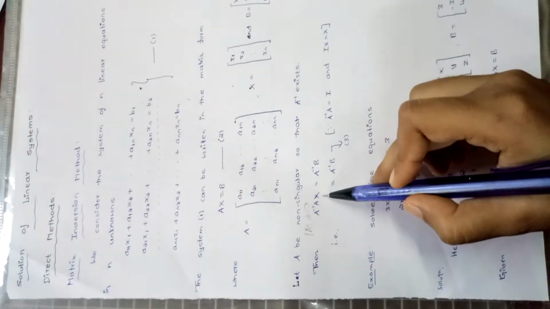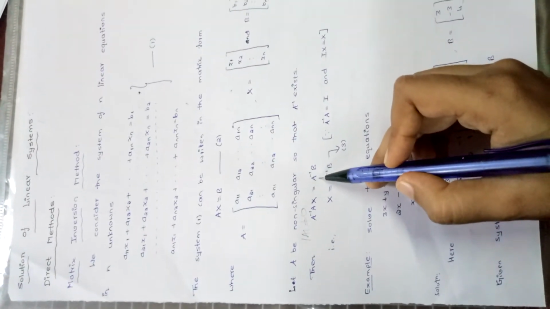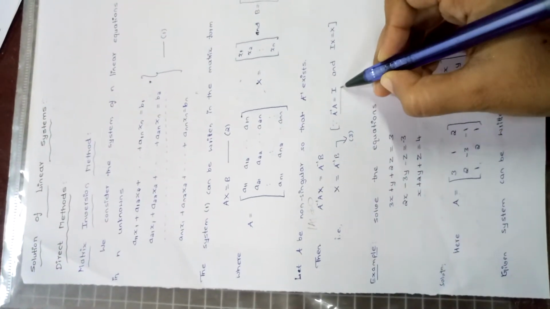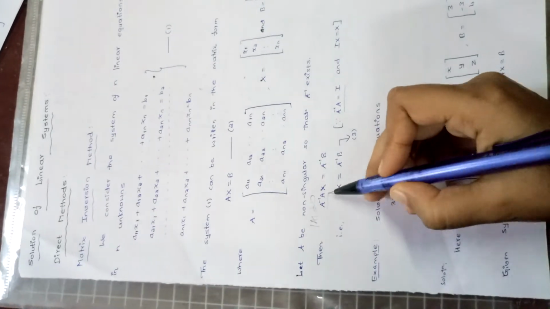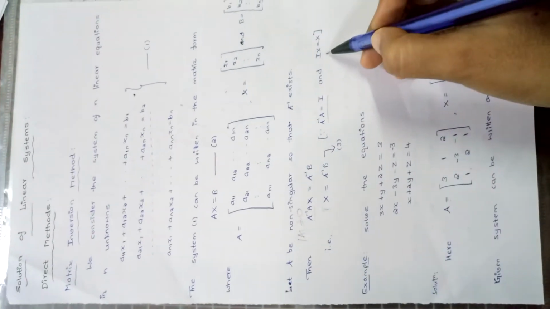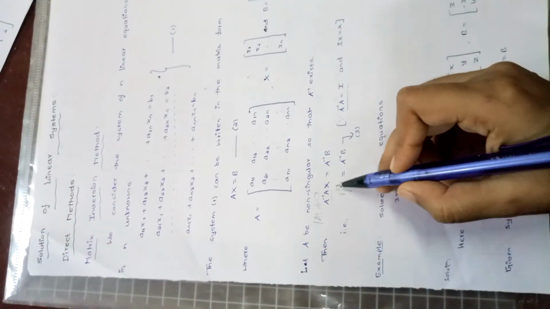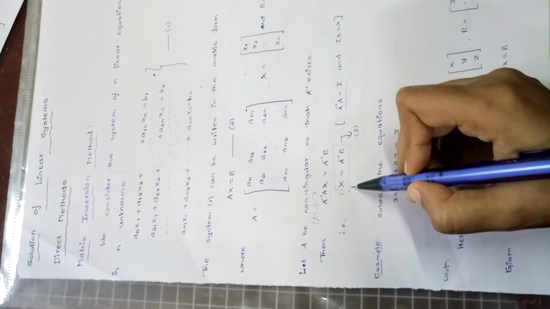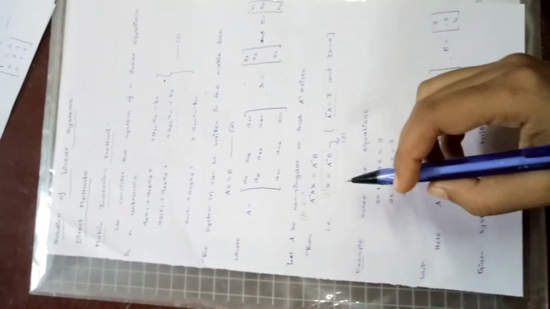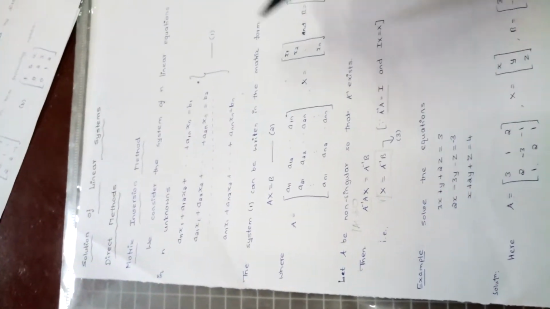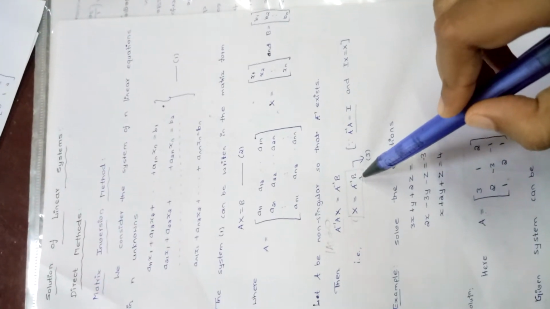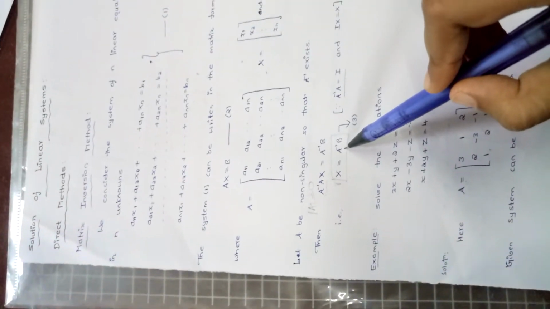So A inverse into Ax is equal to A inverse into B. We know that A inverse into A is equal to I, and I into X is equal to X. So we get X is equal to A inverse into B. This X is the solution matrix. To get the solution of the given system of equations, you need to first find A inverse, then multiply A inverse into B.